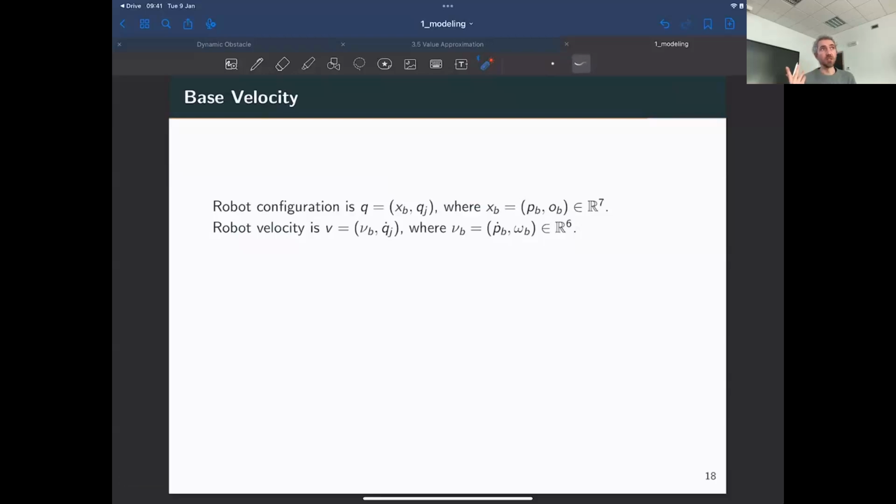However, the robot velocity doesn't live in the same space, because the velocities of the base are going to be represented by a 6-dimensional vector, because the angular velocity is a three-dimensional vector, it doesn't have 4 dimensions like the quaternion.